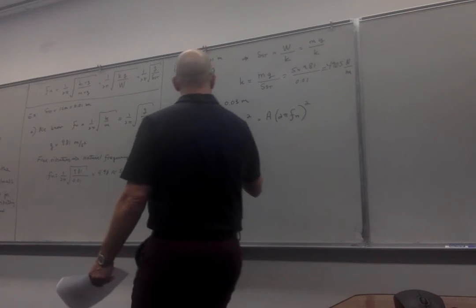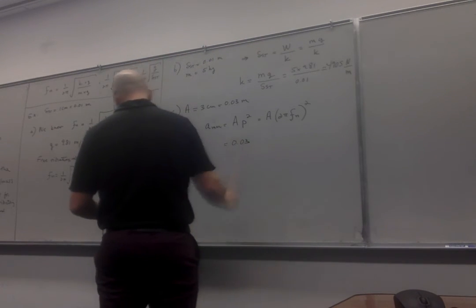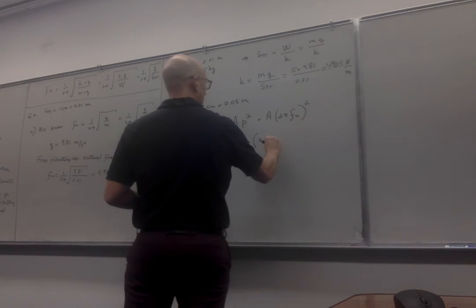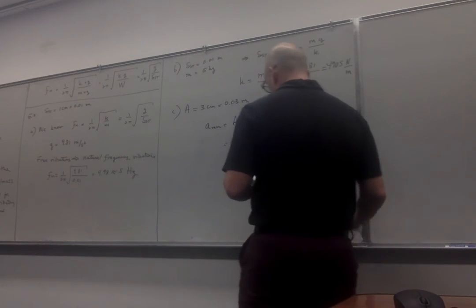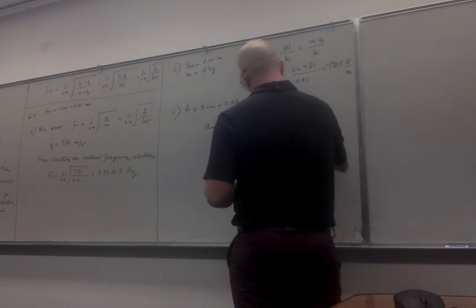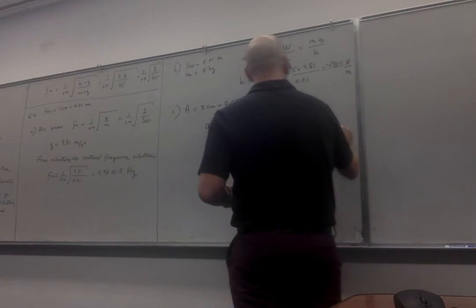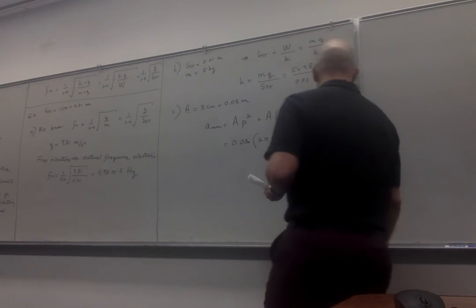So here we're going to have an amplitude of 0.03 times 2 pi times 5 squared. If you calculate this, you'll find an acceleration of 29.6 meters per second squared, or about 3 Gs.